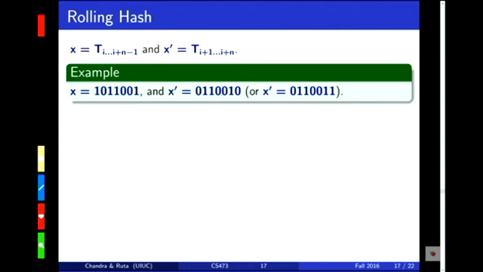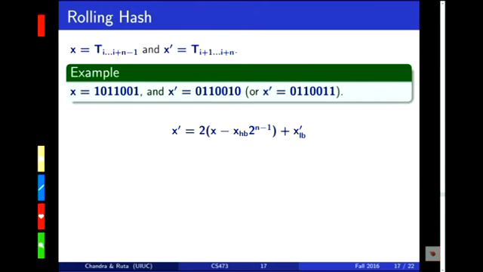We will use this commonality to compute the hash for x prime from x. So how can I write x prime in terms of x? First, from x, I have to discard the highest, most significant bit. So I subtract this quantity, that bit times 2 to the n minus 1.